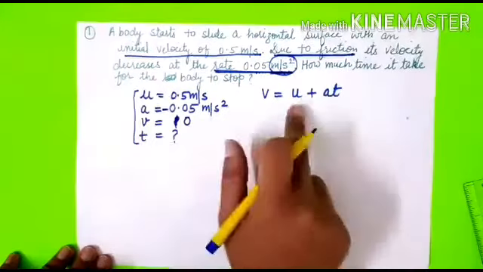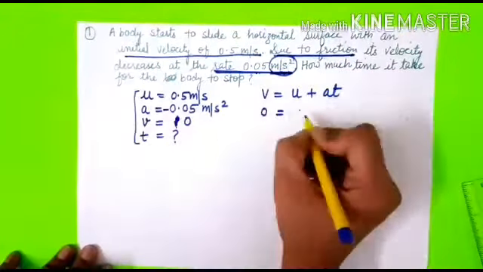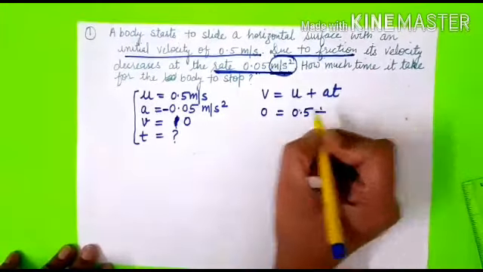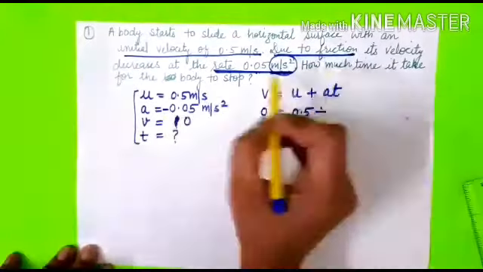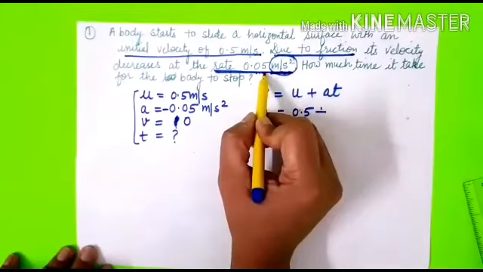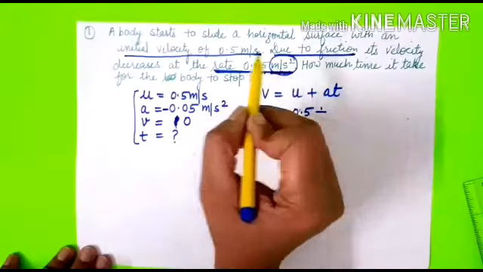Now put all the values into this. V is equal to 0. U is equal to 0.5. Clear? And one more thing: retardation is given, because we have already discussed this in my previous video while explaining acceleration and retardation.